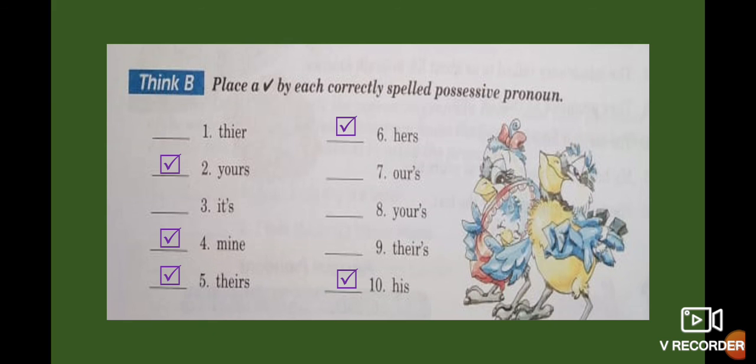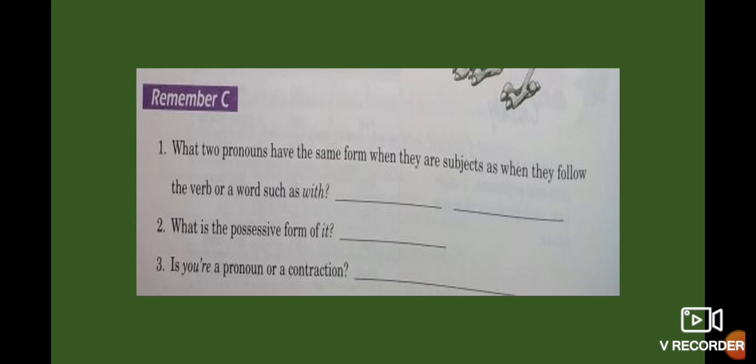Okay, excellent job. Now, the last exercise. This one is remember C. What two pronouns have the same form when they are subjects as when they follow the verb or a word such as with? Okay, what are the two pronouns that don't change the form in subjective and in objective? In that case, it's you and it.